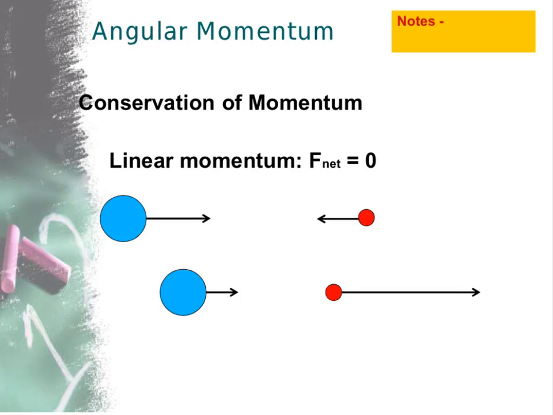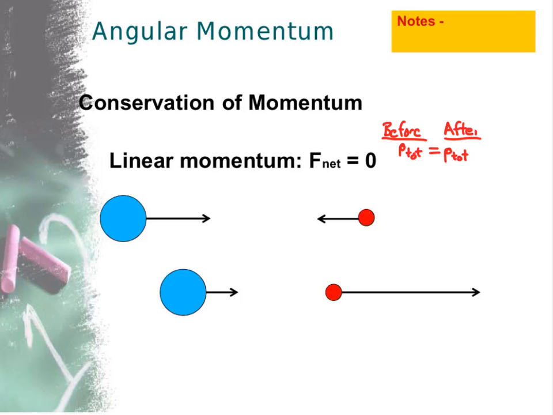In other words, total momentum before equals total momentum afterward. So in a sense, P total equals P total. We had a situation before, and we had a situation after.